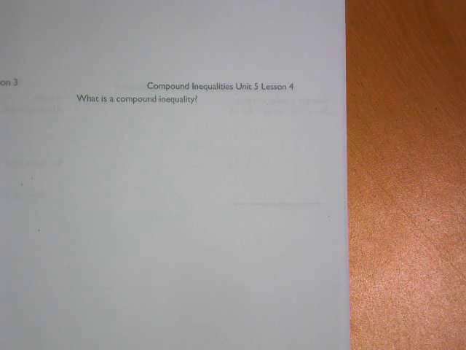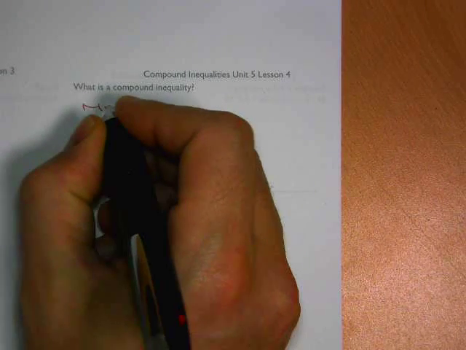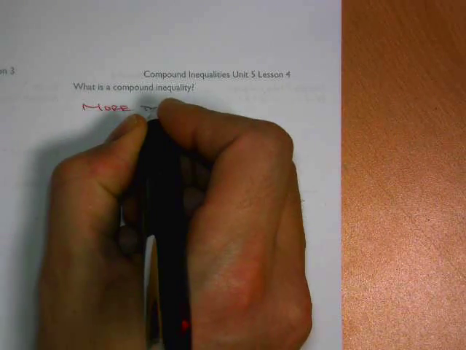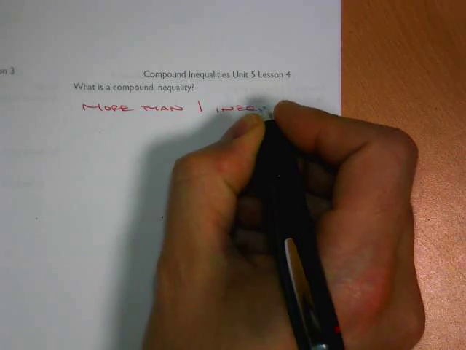Okay, first of all, what is a compound inequality? It's one of those vocabulary terms I used to get intimidated by because I didn't quite understand it, but basically all it means is you have more than one inequality.